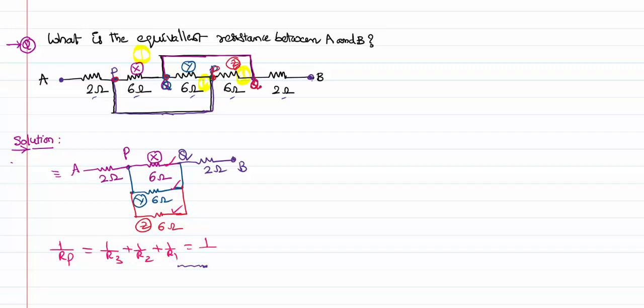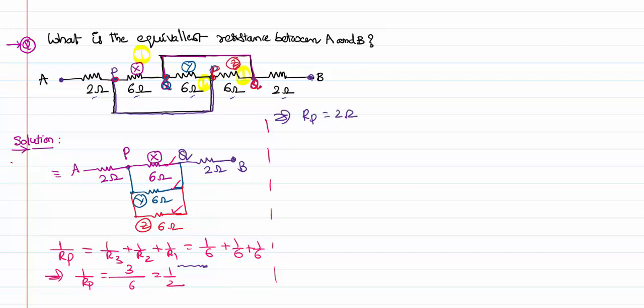All of them are equal in this problem: 1 by 6 plus 1 by 6 plus 1 by 6. That means 1 by R parallel, with 6 as the LCM, is 1 plus 1 plus 1 is 3 over 6, that is 1 by 2. So 1 by R parallel is 1 by 2, therefore R parallel equals 2 ohms.